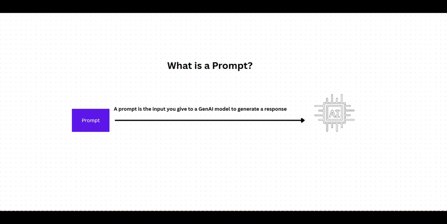Think of it as giving clear instructions to a super intelligent assistant. For example, you can write a blog post about the impact of AI in healthcare. This input tells the model what to generate, and accordingly it will generate a response and send it back to the user.